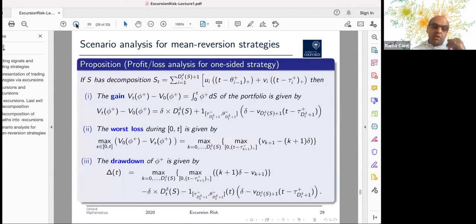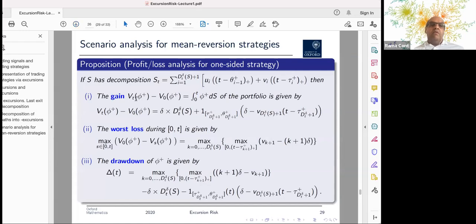But here, our point, which really justifies ex post all these definitions, is that if you give me the decomposition of the signal in delta excursions, then everything is easy. Everything becomes algebraic, a finite number of algebraic computations.